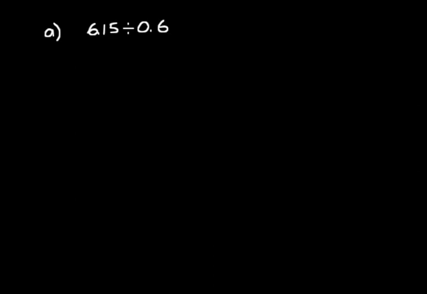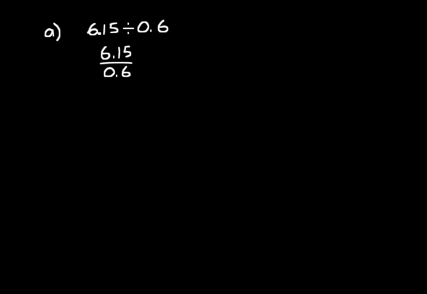Why don't we go ahead and do some practice problems? Let's do practice problem A, 6.15 divided by 0.6. When you're first learning these, the best thing to do is just to rewrite it like a fraction. 6.15 over 0.6. And the thing you have to remember is you can't have a divisor that's a decimal number.